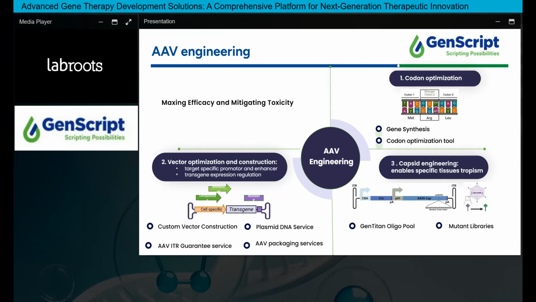At GenScript, we are a leader in the field, with expertise in one-stop-shop solutions. We provide you comprehensive solutions in codonization, oligo pool, and mutant library services.